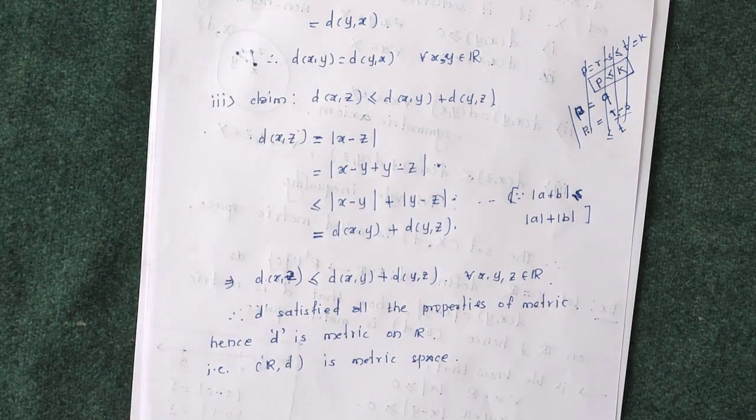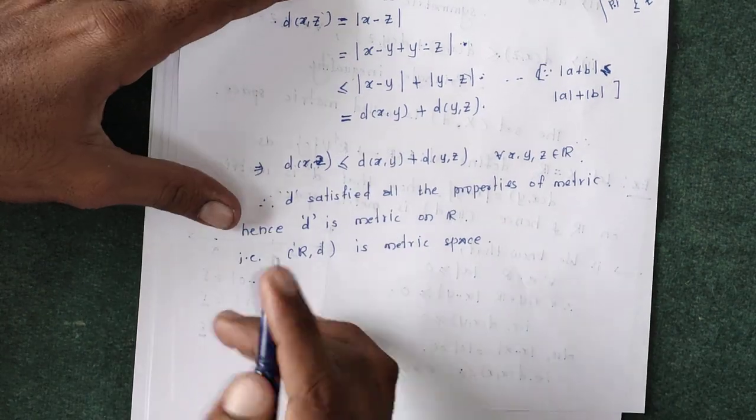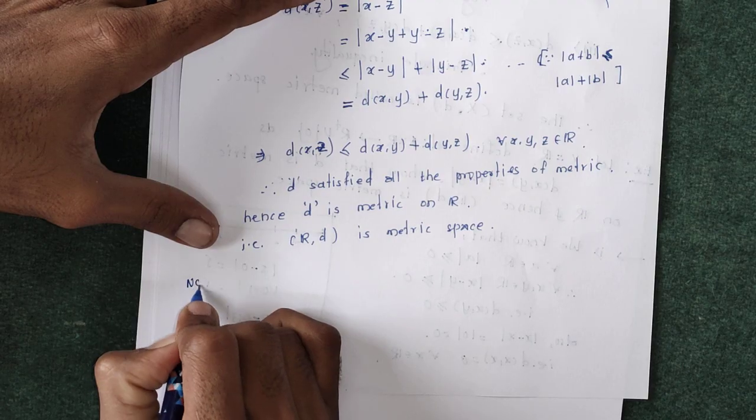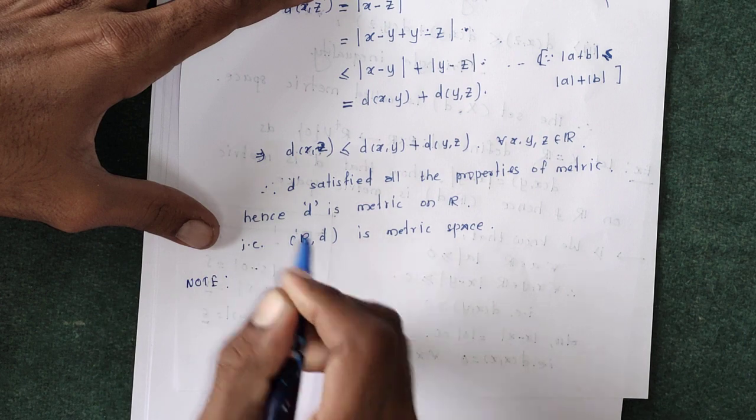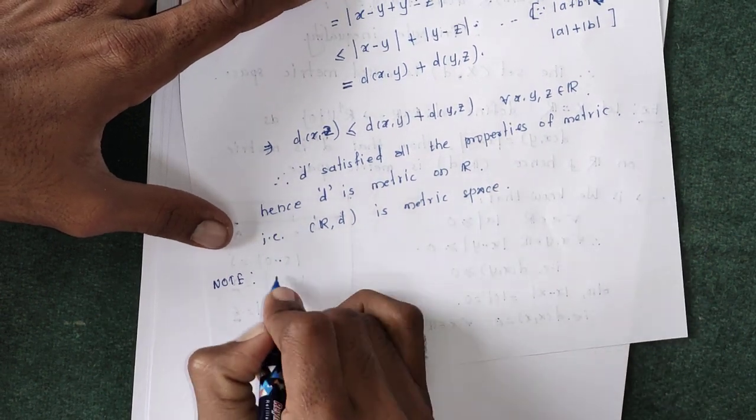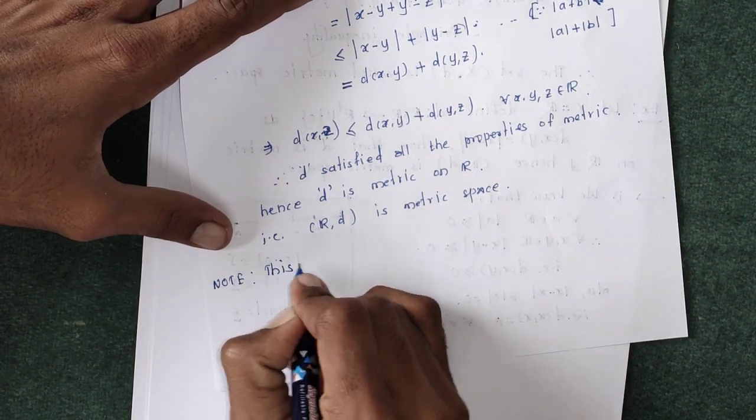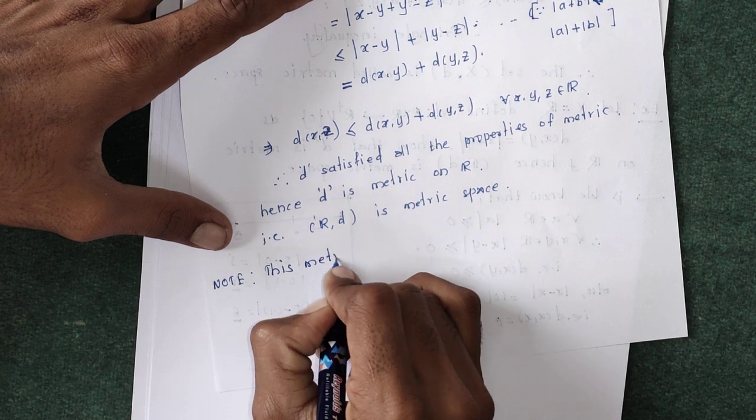So hence the first example is completed, and after this first example, write one note. This metric that we have put, this metric d, is called the standard metric or usual metric.